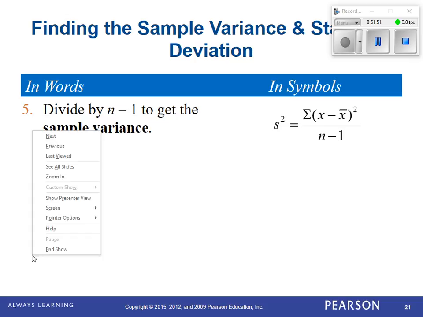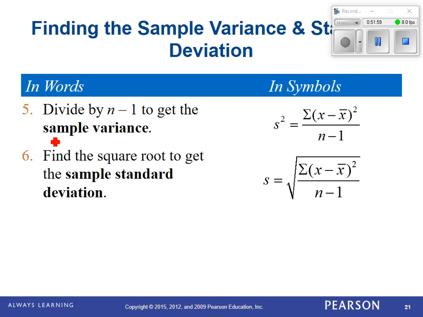How do you find the standard deviation? If you got s squared here, what do you do to get to the standard deviation? Take the square root of that answer. It's going to tell you the standard deviation. So same steps as with population. The only thing that's different, n minus 1 on bottom, and the x bar instead of mu.